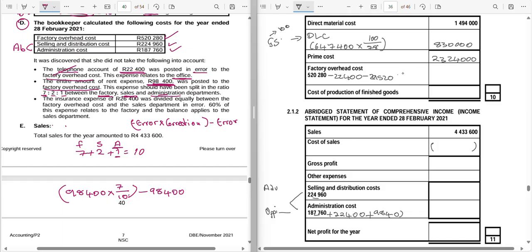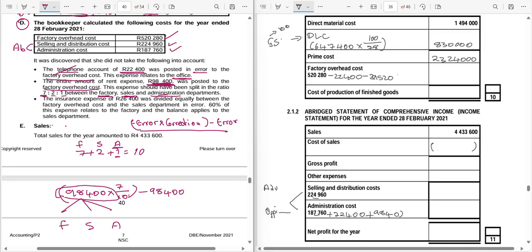So let's check here. This amount, guys, consists of 3 departments: factory, sales, admin. But it was recorded in total to the factory, which we should know we are supposed to record only this. So that's why we did this using this method, and we got this amount here that we removed.